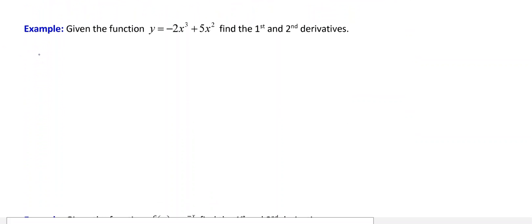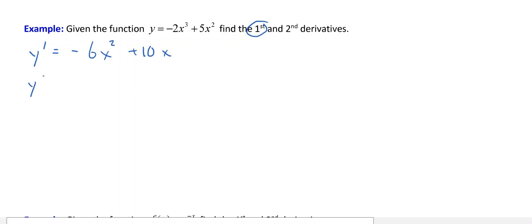So in this problem, we have an equation. So y prime will be the first derivative, which would be negative 2 times 3 is 6x squared, 5 times 2 is 10x. This is now the first derivative.